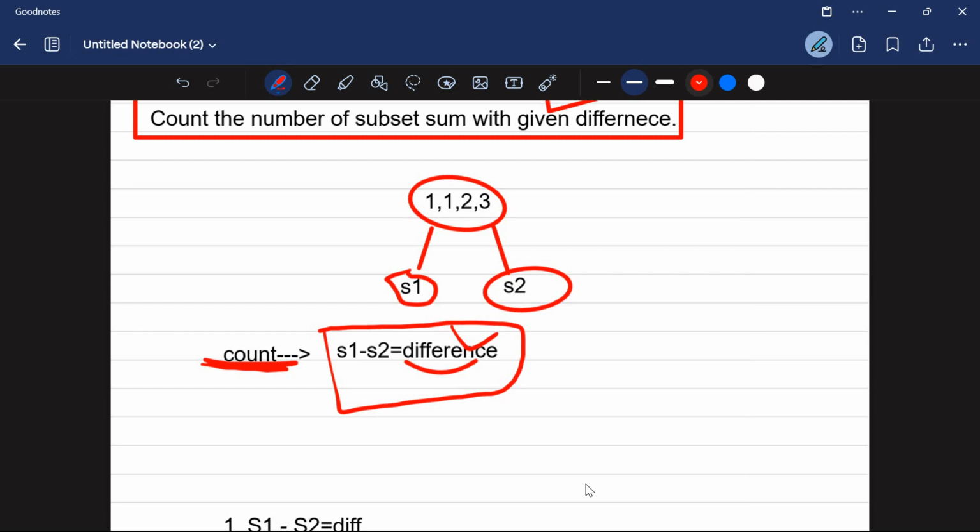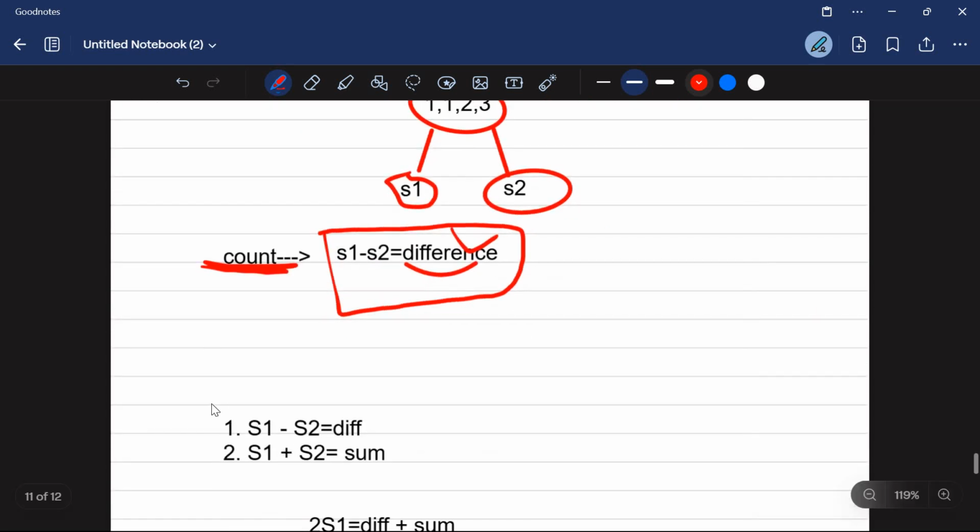Okay, I hope we can say that we have equation 1 and equation 2. We know these things now.